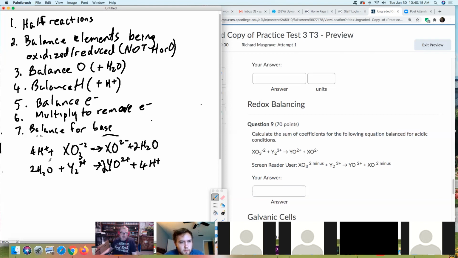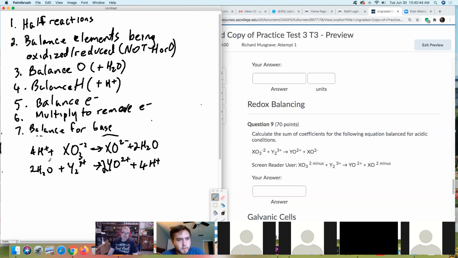Sure. Now, the next thing is the electrons. Let's see if anybody can figure out the electrons for this one. Go ahead and look at it. What do you think for the top one, Adam?